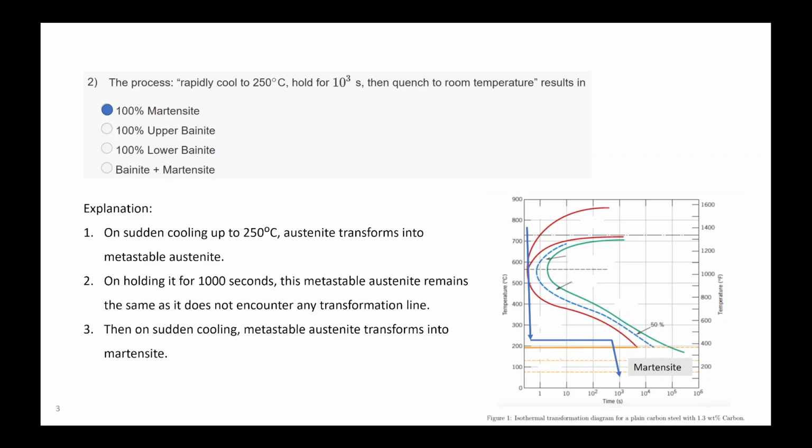No, free electrons. Your thermal conductivity will depend on two things, right? Your electron movement as well as your phonon interaction. In the case of insulators where you don't have free electrons, it is dominated by these phonons, these bonds.